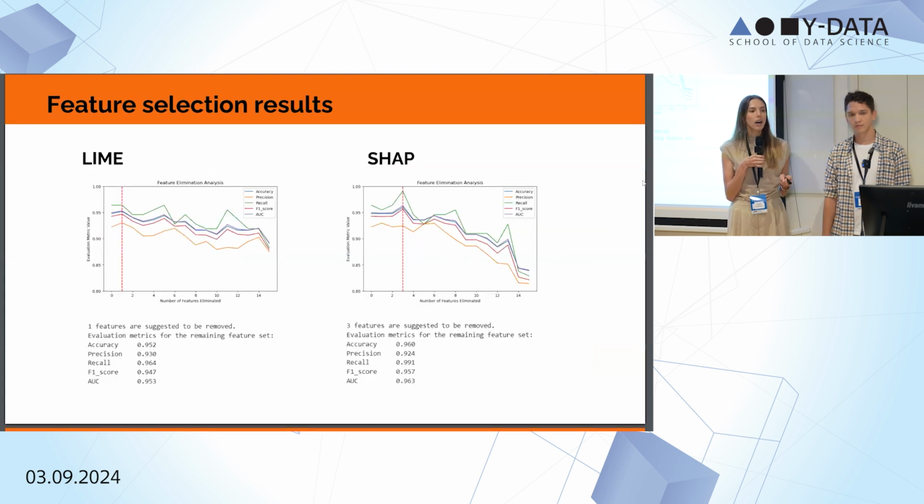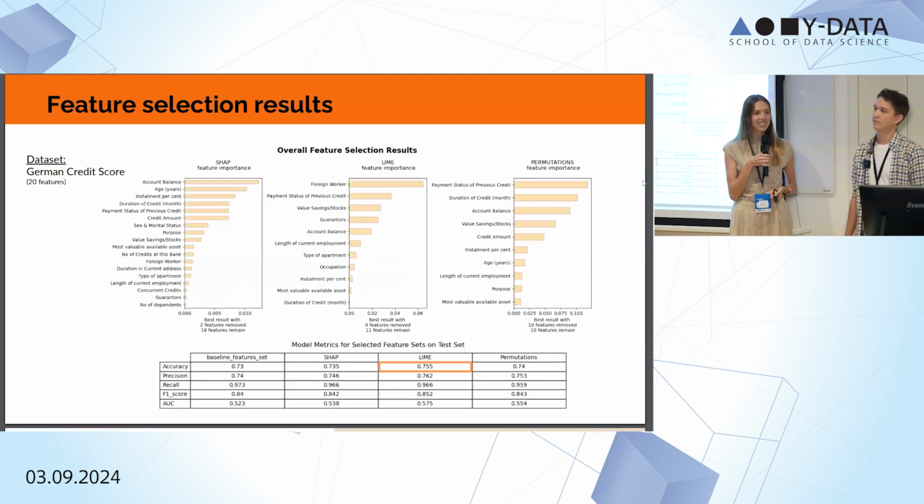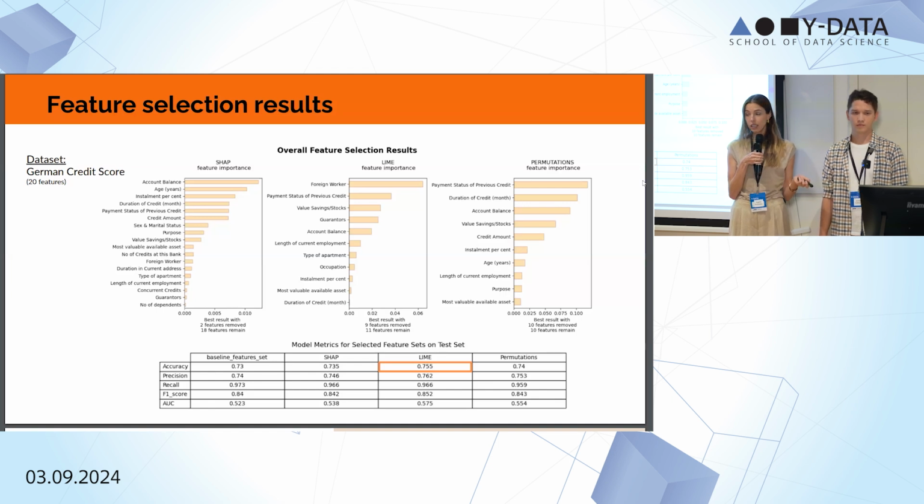And here you see how the model metrics change during the feature elimination process. Eventually, it creates a report showing the best feature set per explainer and comparing the metrics for the model across the different test sets with those selected features and the original feature set.